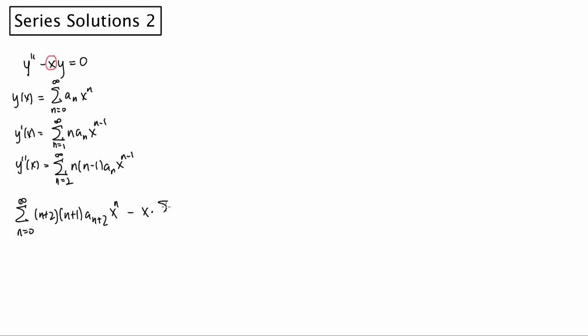Y is the sum, n goes from 0 to infinity, just the basic power series here. So all I've done is substitute in for y double prime and y, minus x times y equal 0. That's what I've substituted into the original equation.